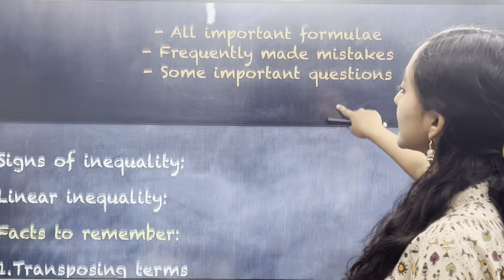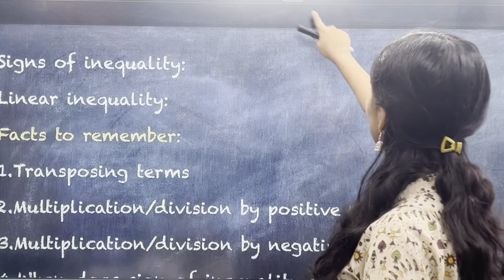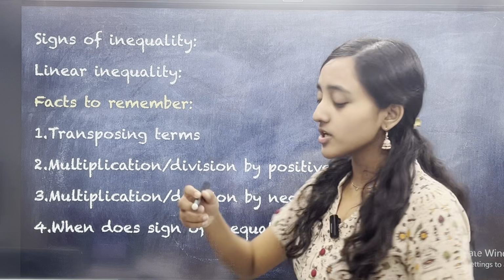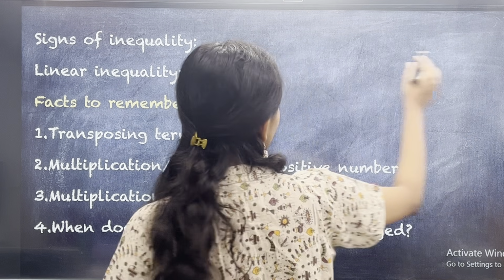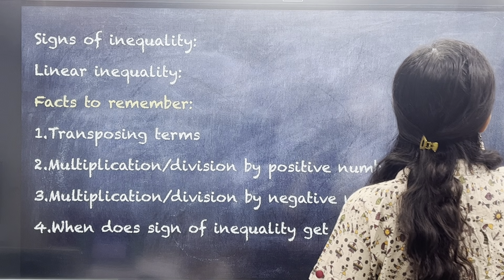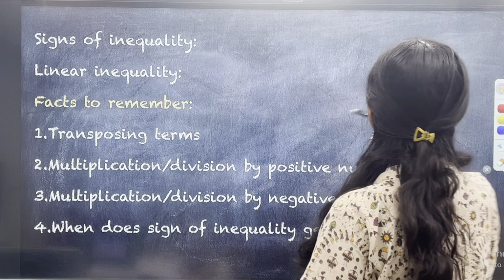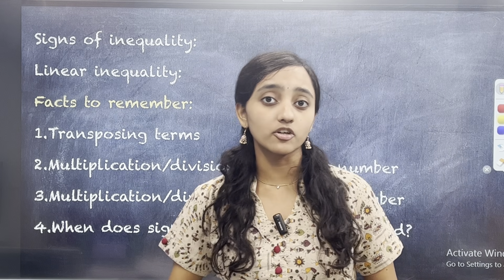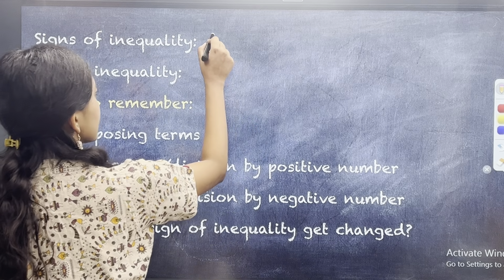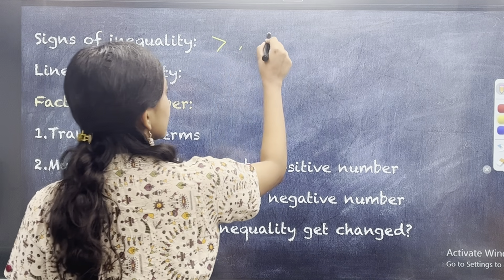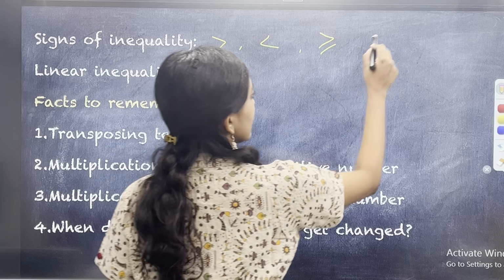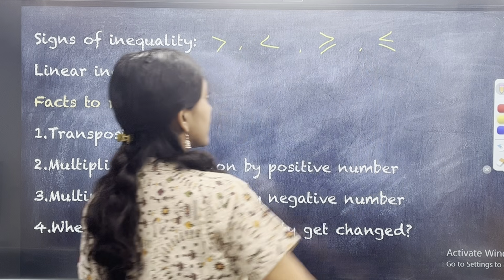Okay, so what is an inequality? An inequality is basically something which is, you know what is greater than, less than, greater than or equal to, less than or equal to. You know all that very well. Let's just do a quick recap. This is greater than, this is less than, this is greater than or equal to, this is less than or equal to, right?